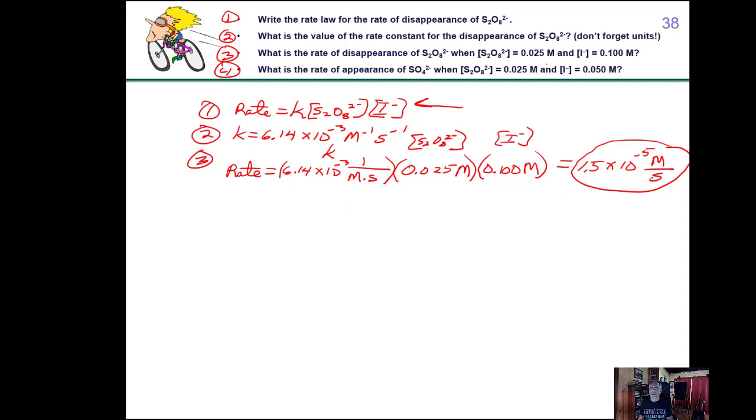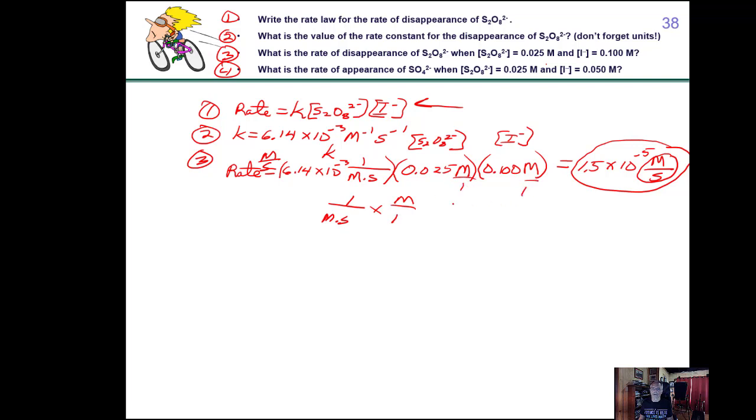So let's just take a look at how we came up with the units molarity per second, which are the units for rate. If I just focus on units here, I have 1 divided by molarity times seconds, times molarity over 1, times molarity over 1.